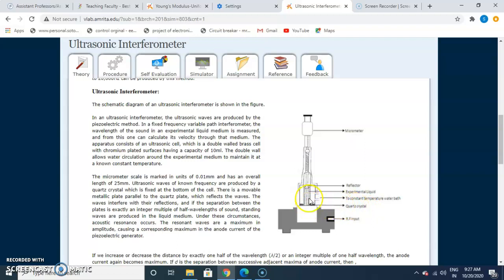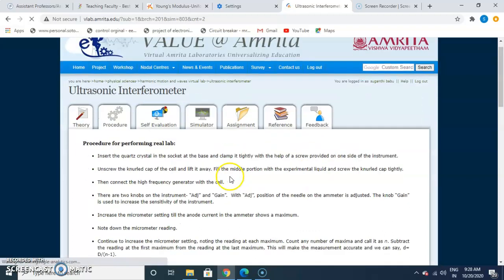This quartz crystal will produce the ultrasonic sound waves inside the medium, and this is the input. By using the micrometer, we are going to measure the wavelength and the compressibility.